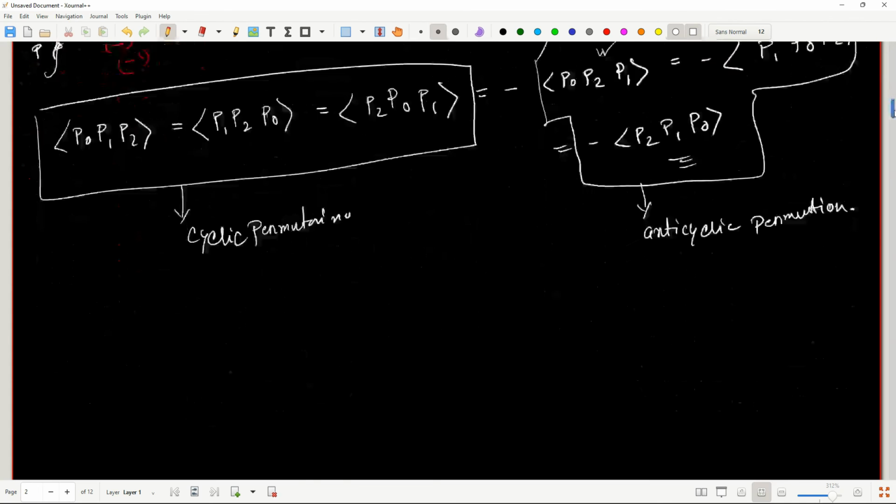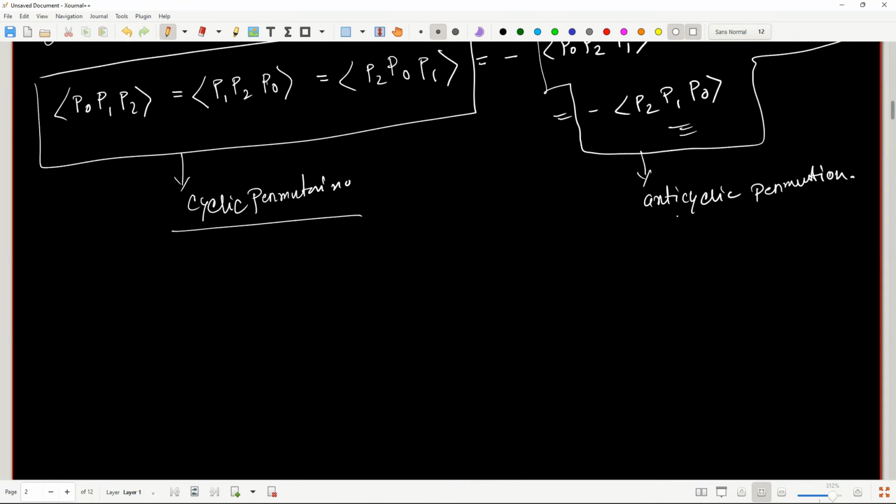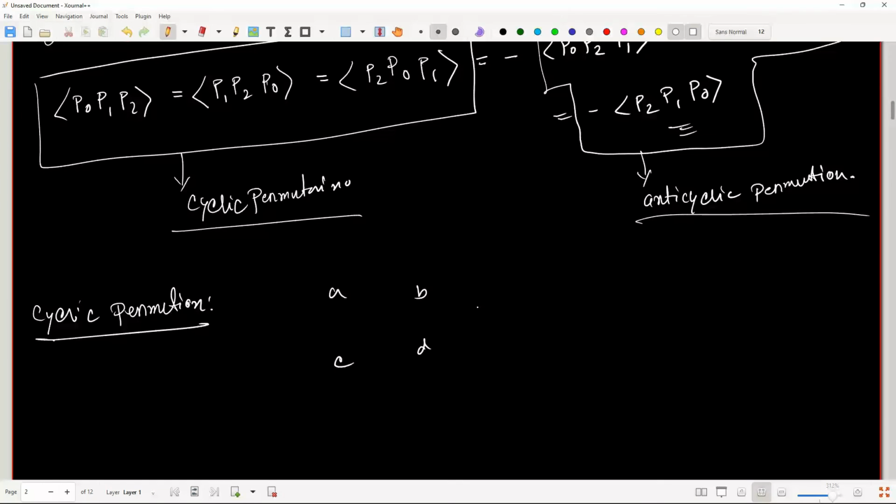Now let's have a brief look at what these two terminologies mean. So cyclic permutation. Let's say you have 4 indexes like this, you have 4 points like this. Okay, let's induce an orientation, that means the anti-clockwise orientation, and we are taking this as a positive thing.